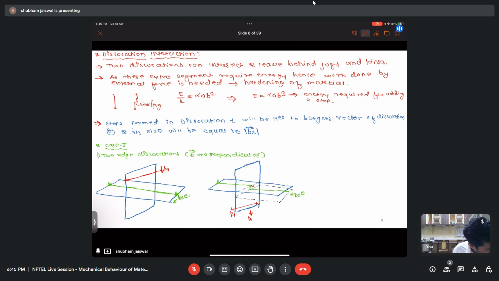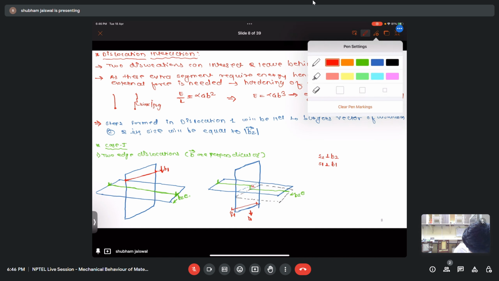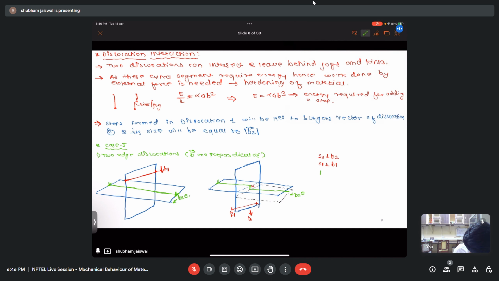So in this case we know that S2 is perpendicular to B2 and S1 is perpendicular to B1, and the magnitude of S2 is equal to Burgers vector B1 and the magnitude of S1 is equal to the magnitude of Burgers vector B2.